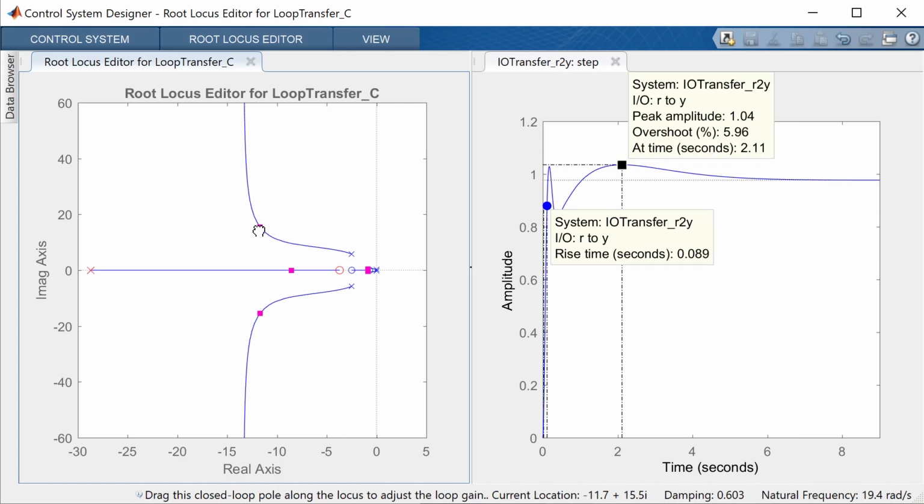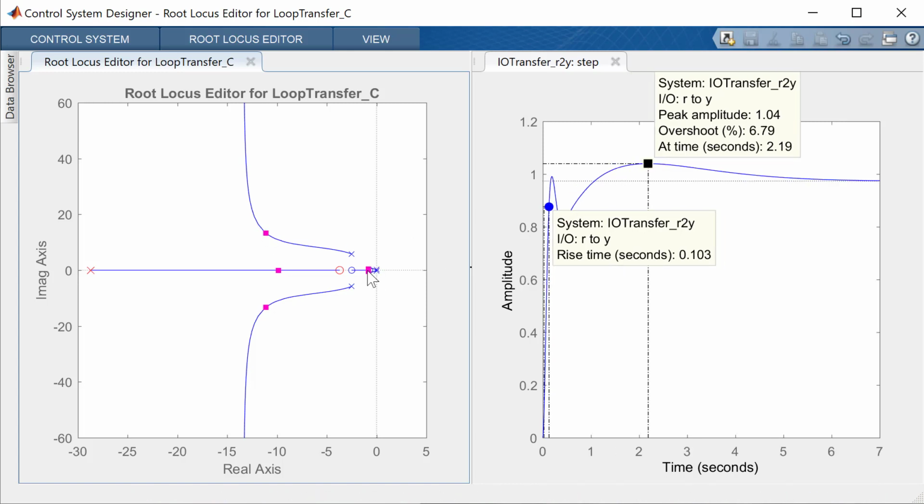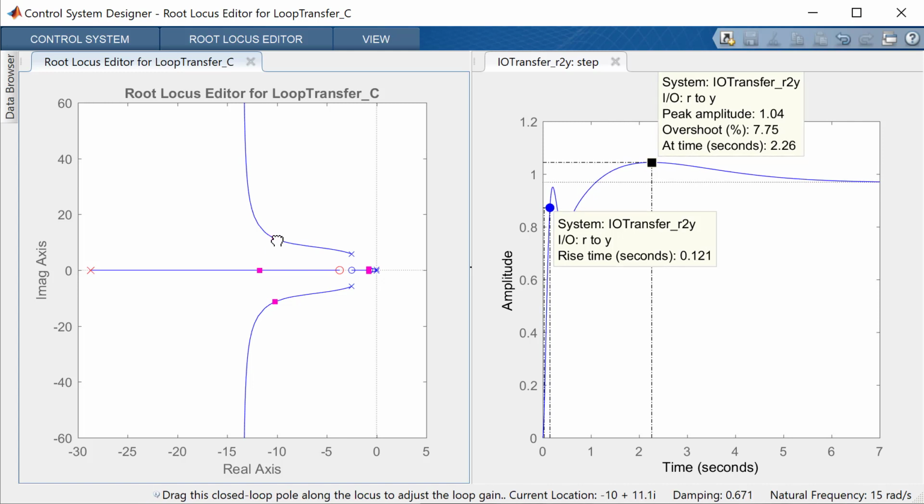And then at some point here, it's going to start going up. So right about here, it's going to start going up. And that's because if we were to zoom in, what's happening is that these poles closer to the origin are the ones that are going to end up starting to become the dominant poles.